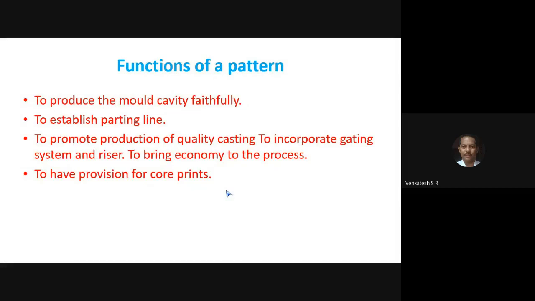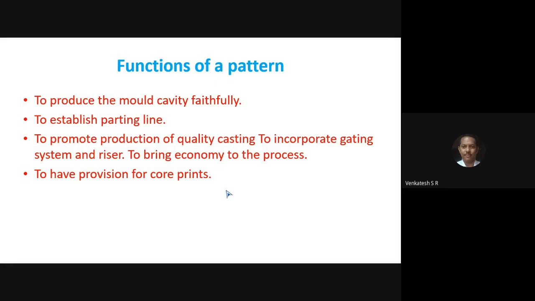Welcome to the subject metal casting and welding. Today, we will discuss the functions of the pattern and the material used for making of pattern and different types of patterns available.